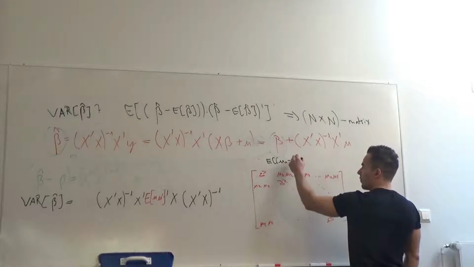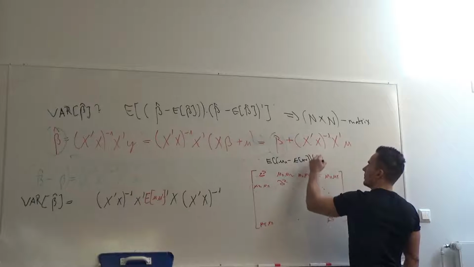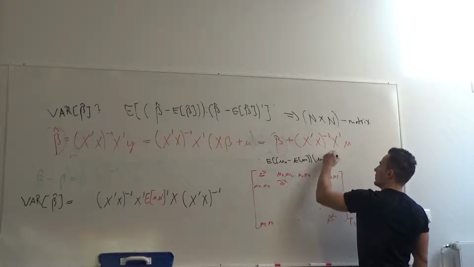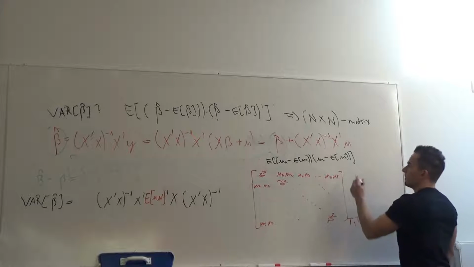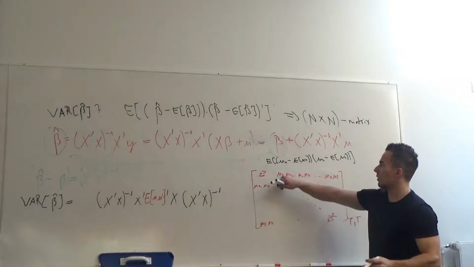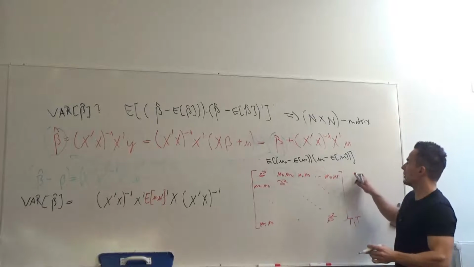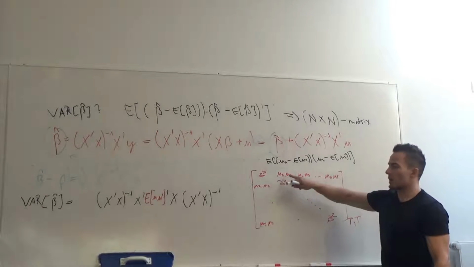It's the expectation of u1 minus the expectation of u1 times u2 minus the expectation of u2. This is how we could rewrite it, the expectation of u1 times u2. We can rewrite it like that because the expectation of each random variable is 0.